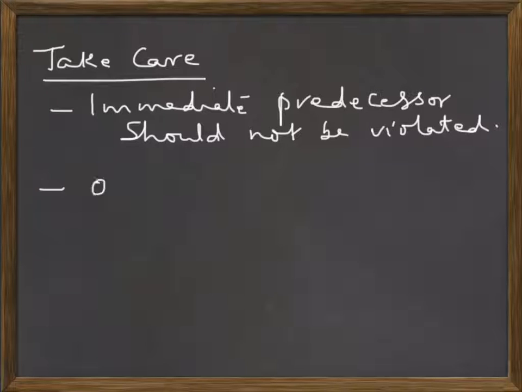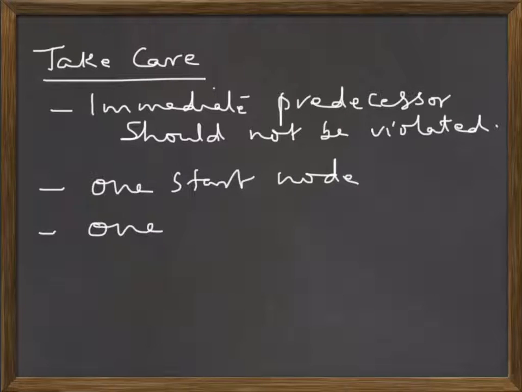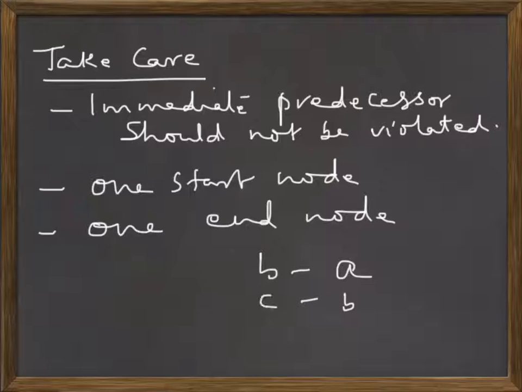Keep only one start node, and similarly keep only one end node also. There should not be any cycle. If there is a cycle, you can indicate that the work breakdown structure is wrong. Cycle means something like this: if A gets over, B can be started. If B gets over, then C can be started, and if C gets over, then A can be started.